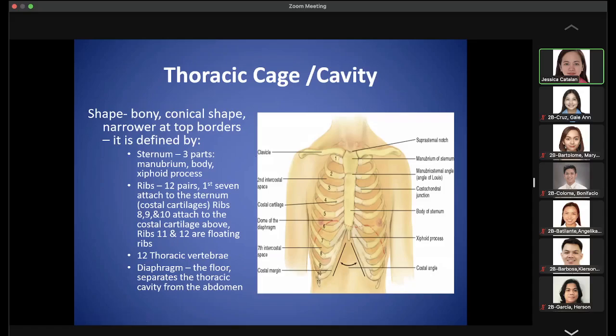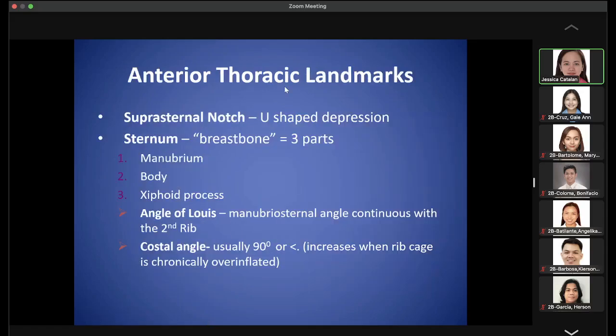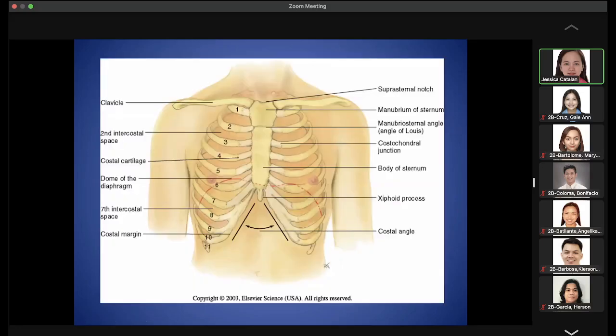So, again, we review the anatomy. The shape is bony and conical. So you have the sternum, the ribs, 12 thoracic vertebrae, and the diaphragm, which is the floor of the thorax. Also, for the anterior thoracic landmarks, you have the suprasternal notch and the sternum. Here is an image.